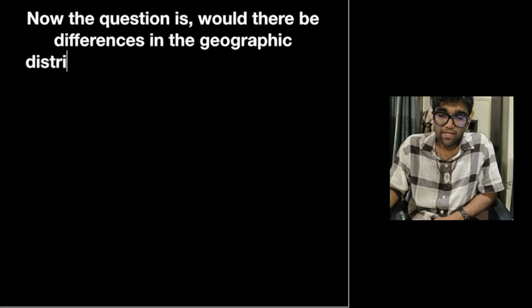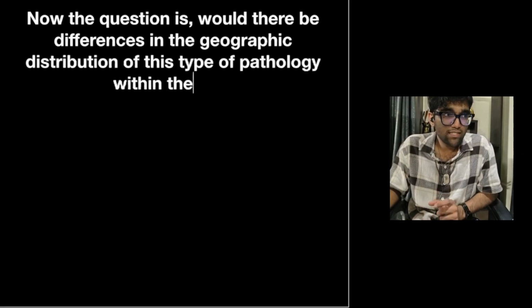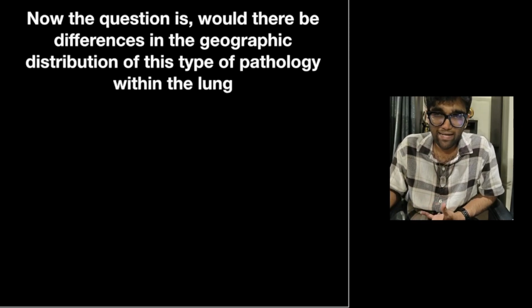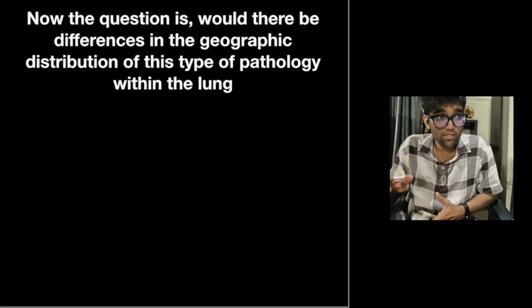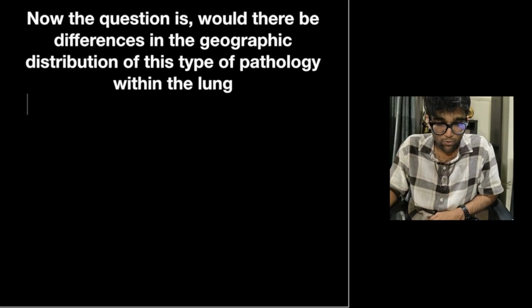Now the question remains: would this kind of process, which is only barely or in very few people mildly related to the immune system, but is primarily affected by the physical and biological constraints that a type 2 pneumocyte is put under with lung aging, show some differences in the overall distribution in the lung?